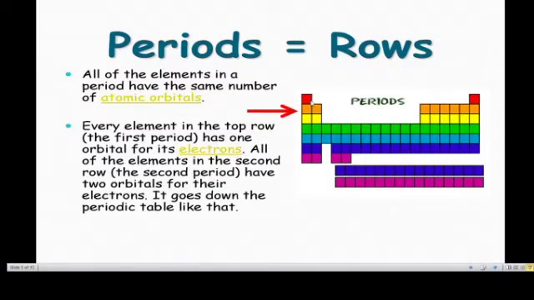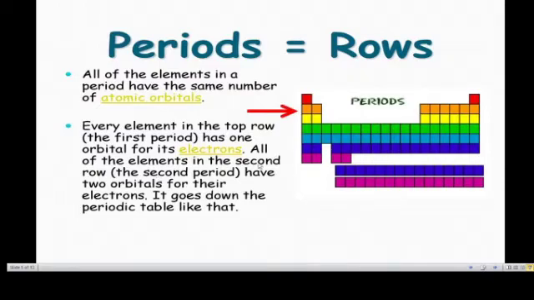Hydrogen has only one electron in the outermost shell, so it has only one orbit. Helium has 2 electrons in the first shell, so it has only one orbit. So every element in the top row, the first period, has one orbital for its electrons.